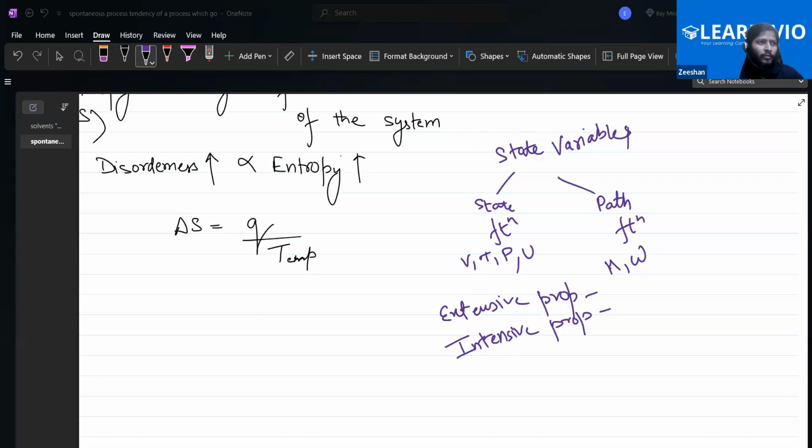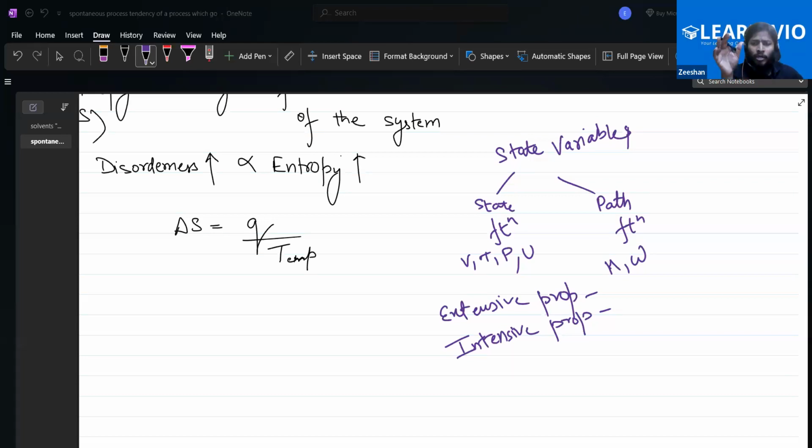Volume is extensive, sir. Anybody, can anybody explain how volume is extensive? Because volume depends on the mass of the substance.